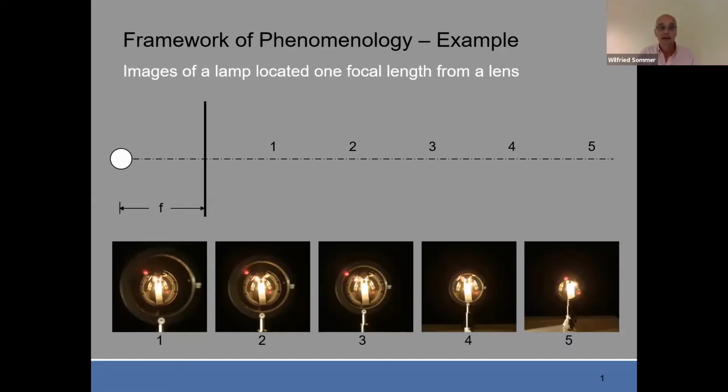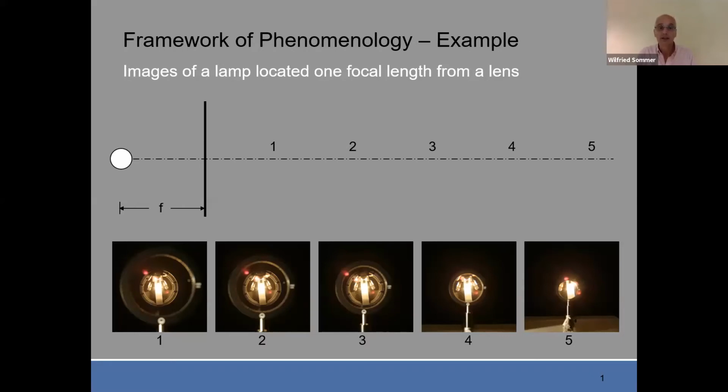Here, I have a situation similar to the demonstration I just presented. There is a lamp in the focal point of a lens. You look at that lamp through the lens from different positions, 1 to 5.